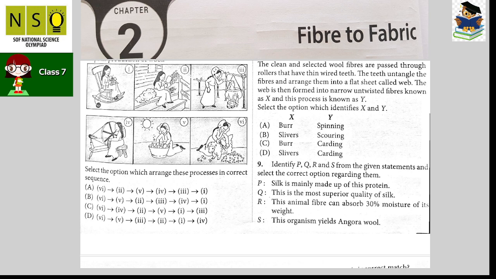We can see all the figures. I hope you have all gone through this figure: one lady is knitting from the wool, then she is drying the wool, cleaning the wool, then she is warming it, then drying in the sun, and the sixth one is she is taking out the wool.